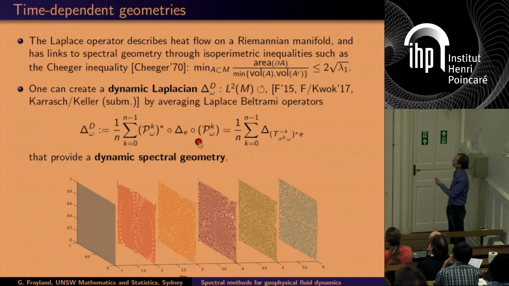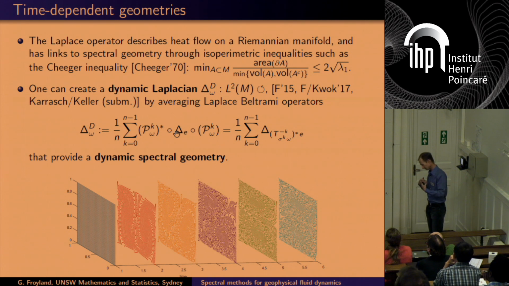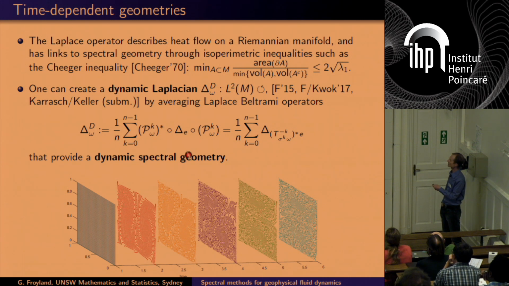You can adapt this inequality to the dynamic setting that I'm describing. I won't mention that here, but this is based around a dynamic version of the Laplace operator, which is essentially a pushed forward version of the Laplace-Beltrami operator. So you can view this two ways. So one way is you're currently at configuration omega.